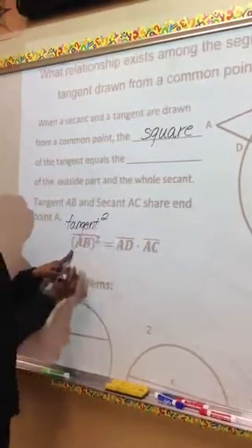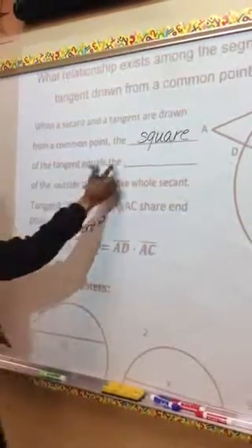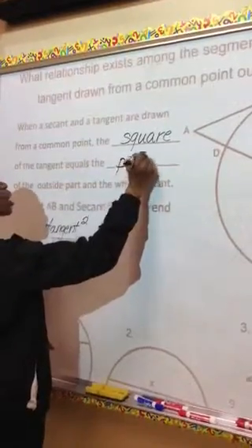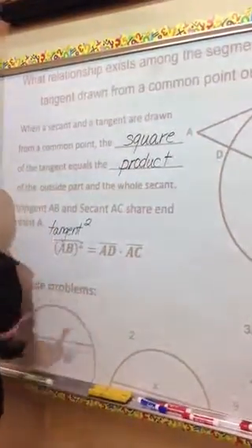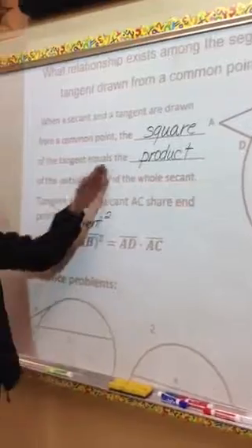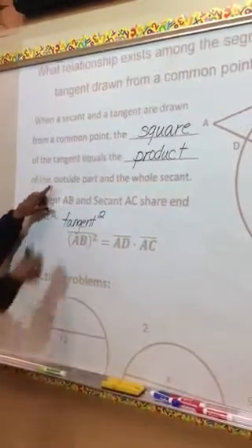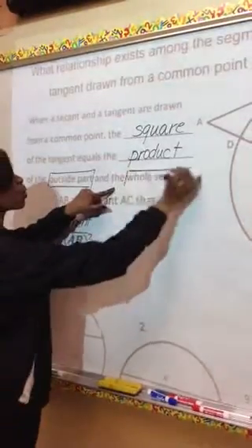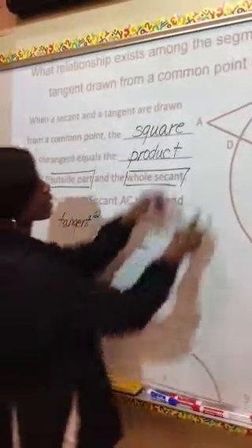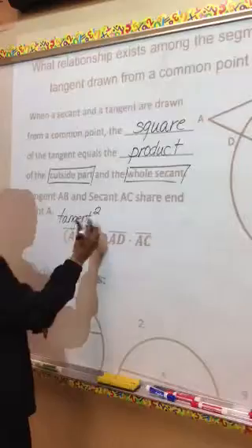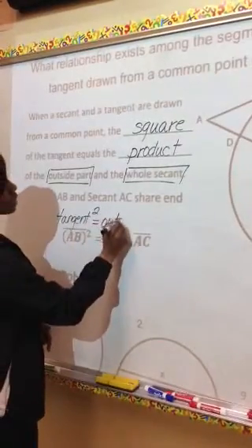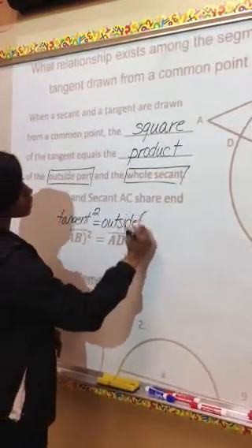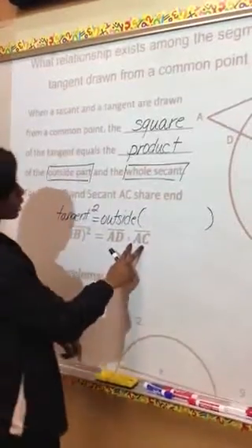So the tangent squared equals the product of, and we continue to do the same thing we have been doing with the secant. For the secant, we multiply the outside part and the whole secant. So once again, for the outside, we have segment AD, so equals outside times the measure of the whole thing.